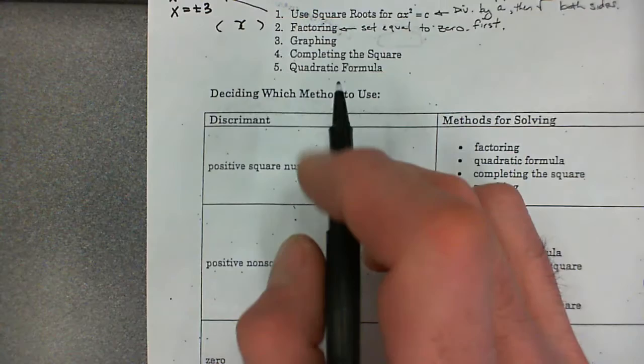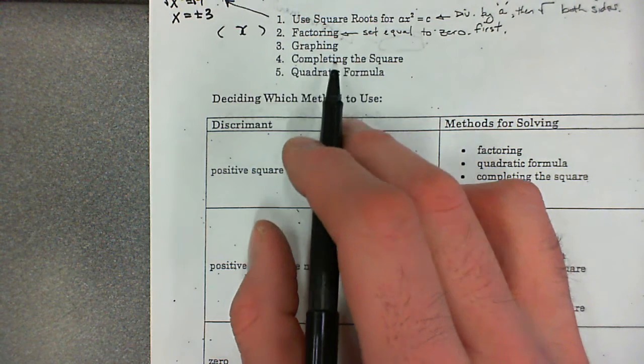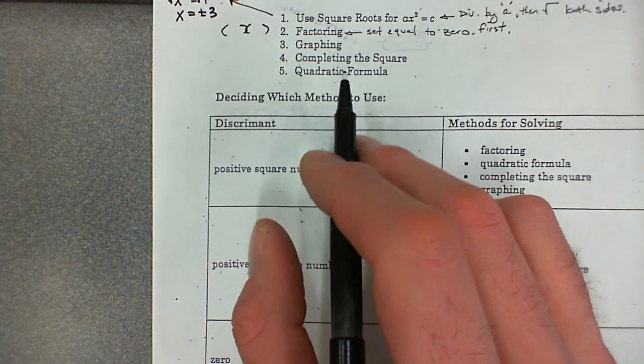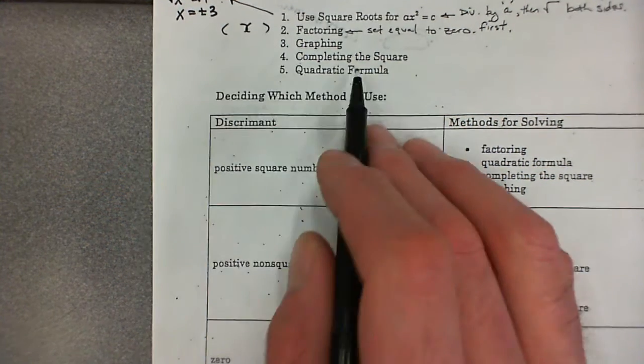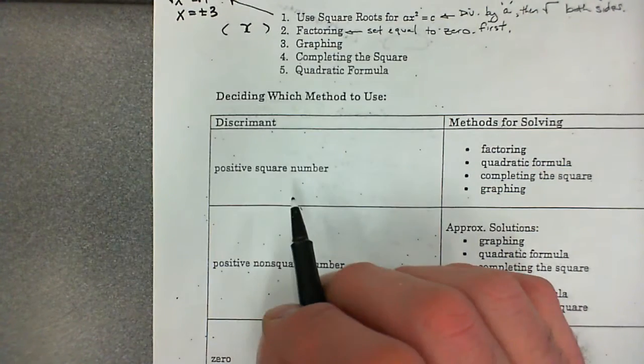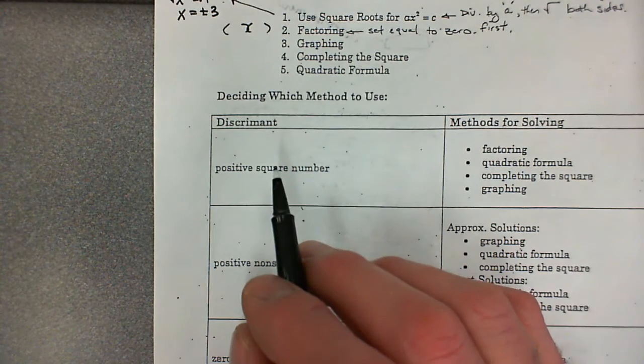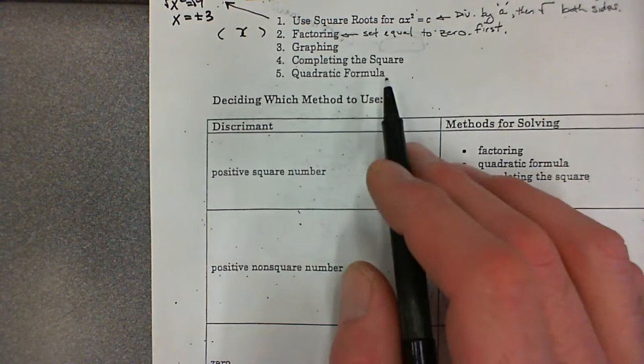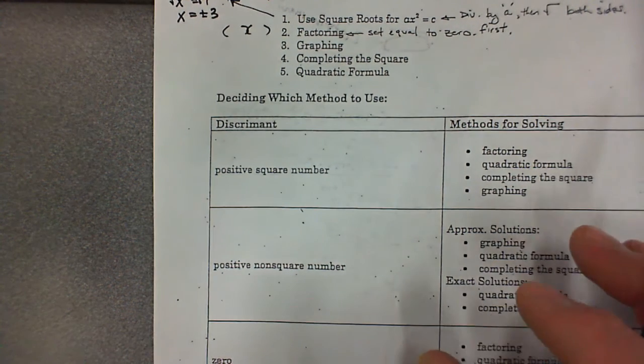Then you could do completing the square, which we spent a couple days on. And then the one we just did in this section, the quadratic formula: the opposite of b plus or minus the square root of b squared minus 4ac, all over 2a.